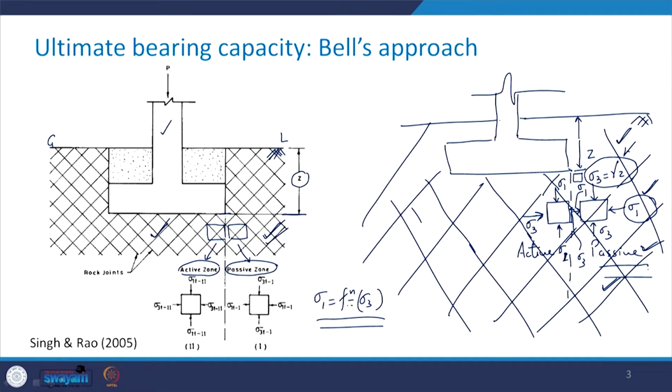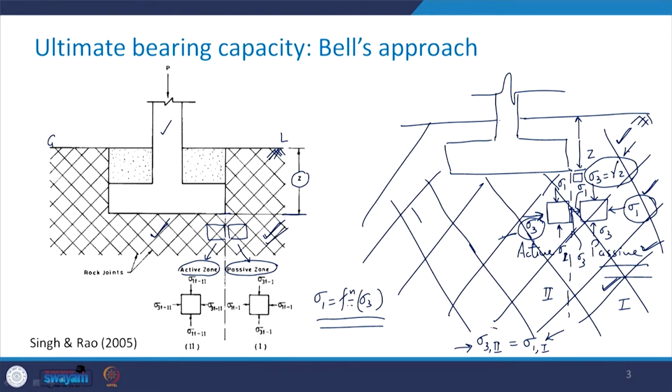Now, this sigma 1 will become equal to sigma 3 of the active zone. Let us say this is zone 1 and this is zone 2. Sigma 3 of zone 2 will become equal to sigma 1 of zone 1, which we have already obtained, therefore we know this.